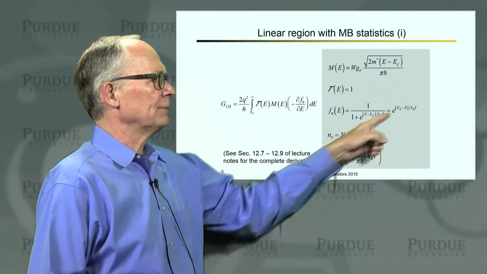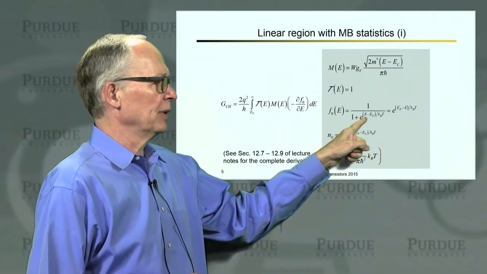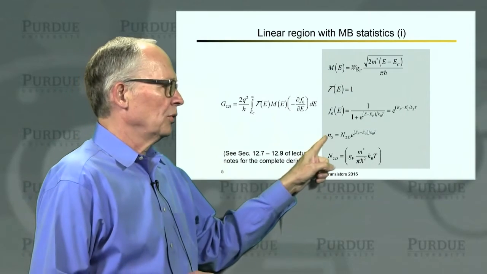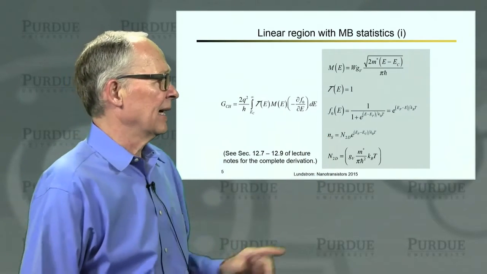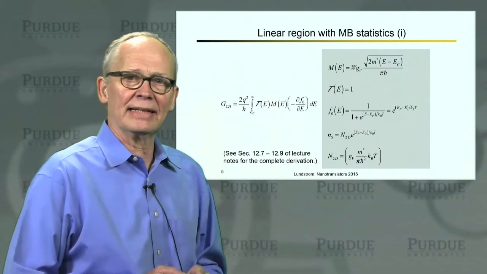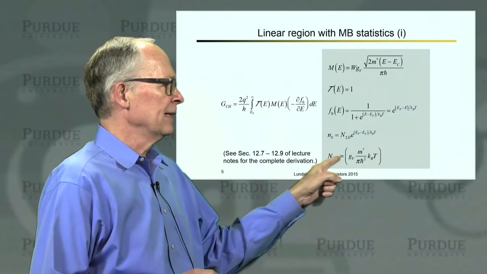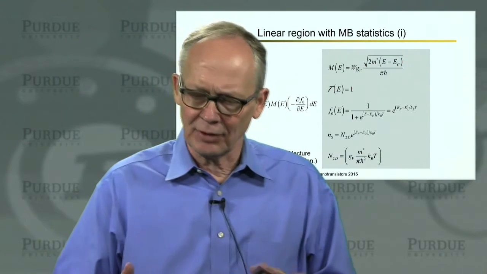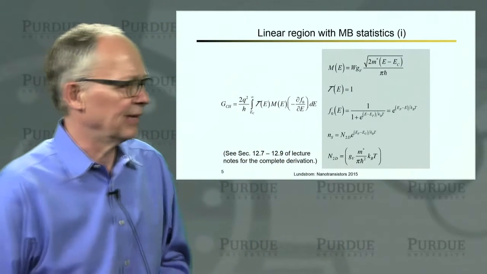And if we do that, then we can simplify the Fermi function into an exponential. We have also developed an expression for the electron density. And again, we'll simplify that. So instead of having a Fermi-Dirac integral, we'll have an exponential. The constants out front are the 2D effective density of states and involve fundamental constants and parameters like effective mass and valley degeneracy.